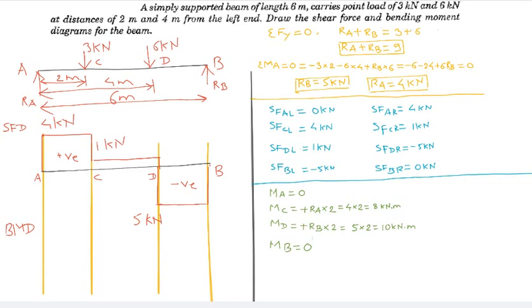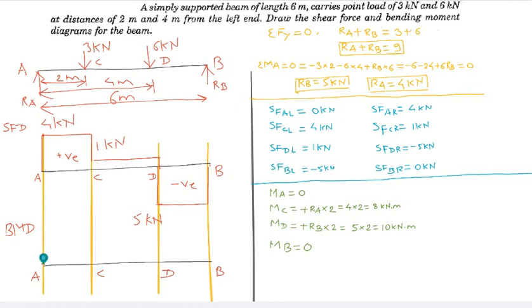So with these values, let us start drawing the bending moment diagram. At point A, bending moment is equal to 0.